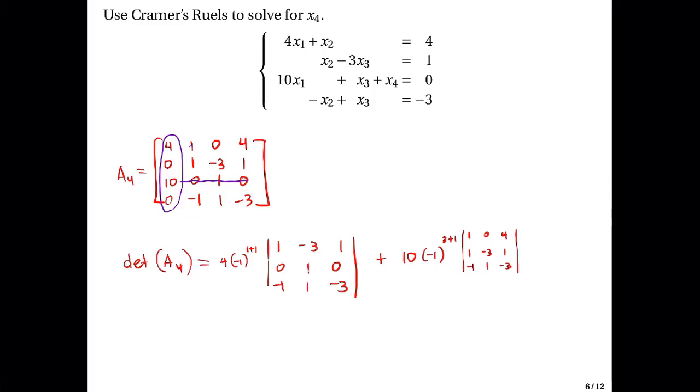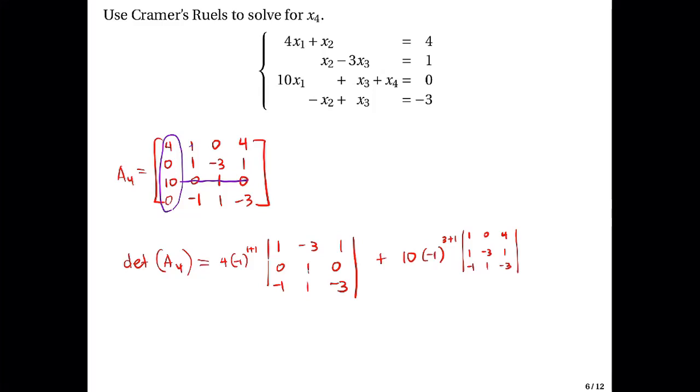And then we need to get the determinant of the submatrix after deleting the row and the column where your entry belongs to. That's why you are at 4, you delete this first row here. And then you also delete this column here. So you'll be left with this submatrix here.